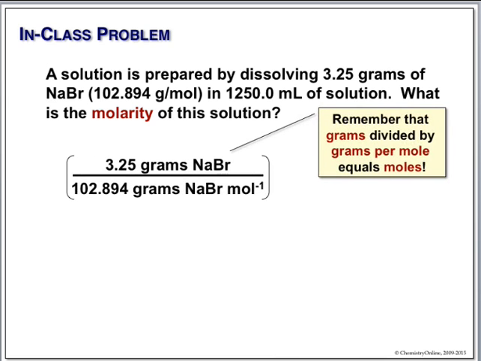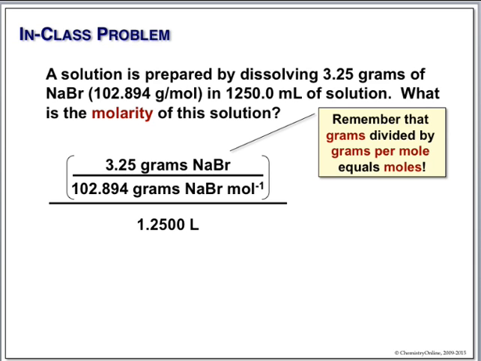This is going to give us our number of moles, isn't it? This is how much sodium bromide we had. This is how much 1 mole weighs. Grams are going to cancel, moles are going to come up top. And finally, our volume here is 1.25 liters.